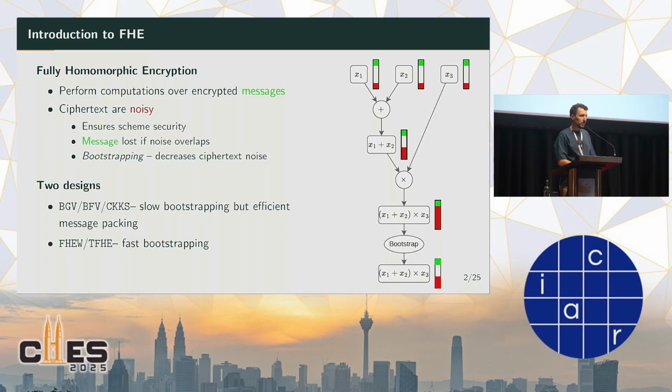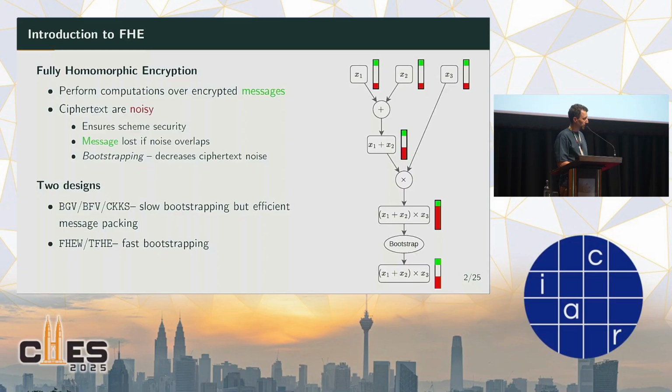There are two designs, two flavors of homomorphic encryption schemes. The first one proposed were schemes where bootstrapping is costly, but you can encode several thousands of messages in a ciphertext, so you do some kind of SIMD.